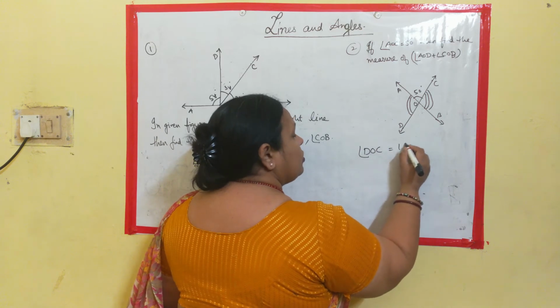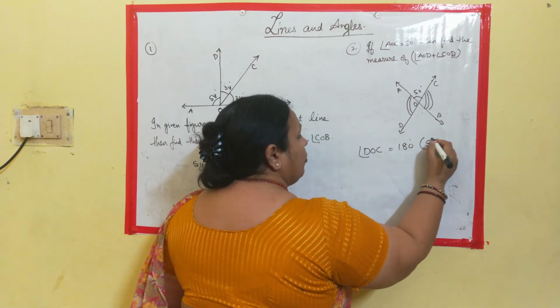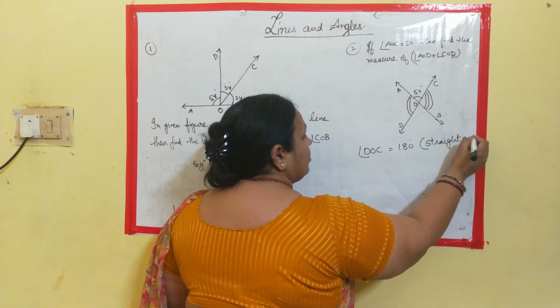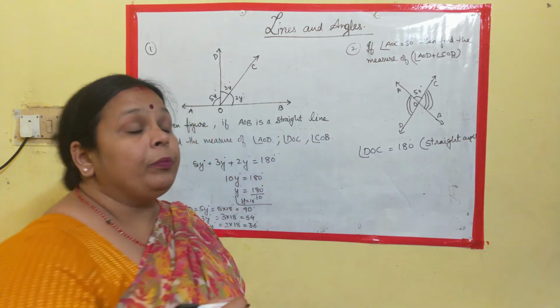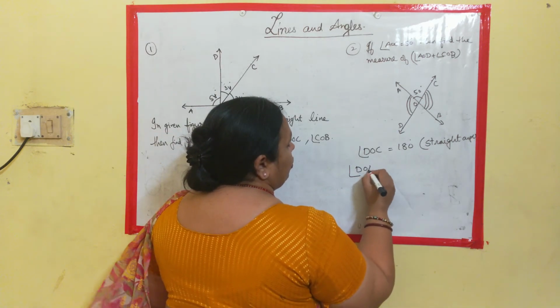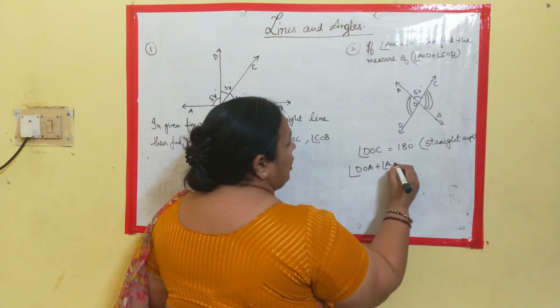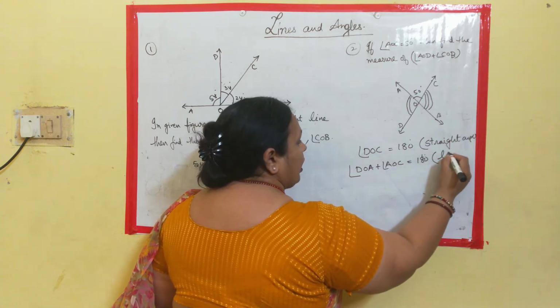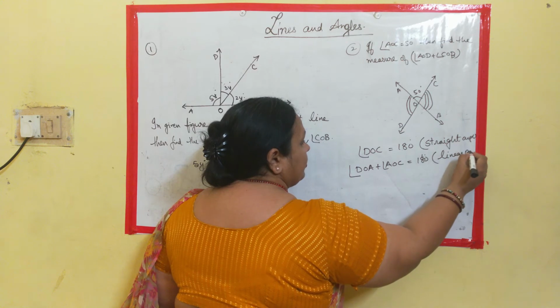Now, to start with, we know that angle DOC is equal to 180 degrees. Reason is straight angle. Clear? Now, or you can write angle DOA plus angle AOC is equal to 180 degrees, in brackets linear pair.